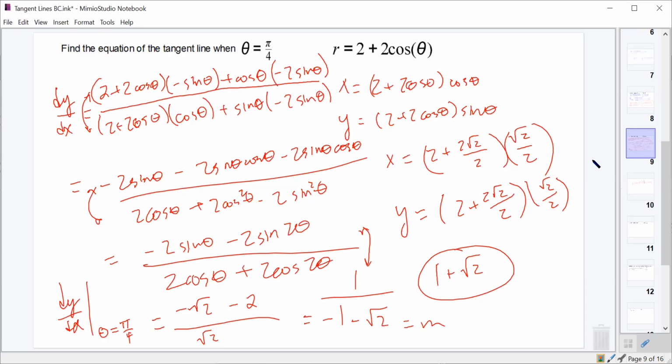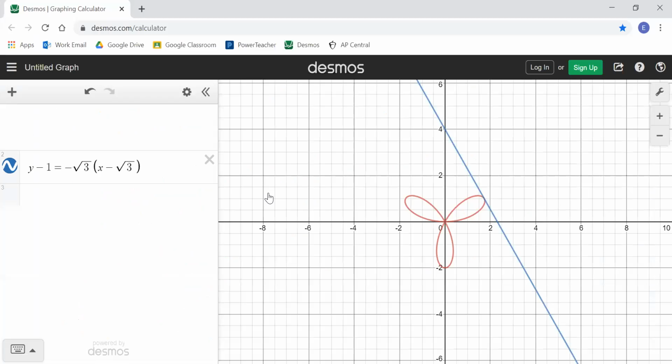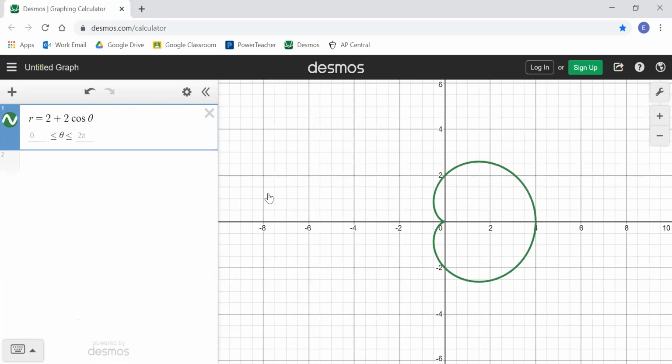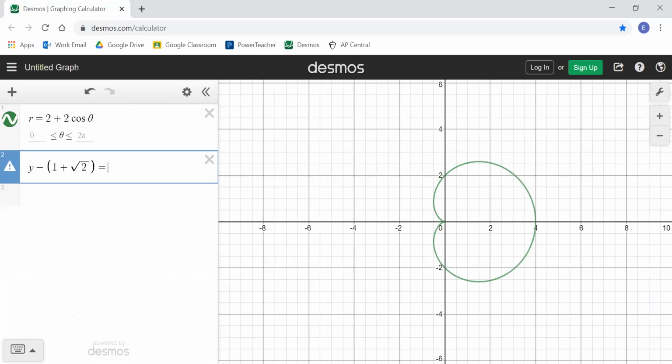And if we try to graph this, we got r equals 2 plus 2 cosine theta. And we had y minus 1 plus root 2 equals, all right, now I don't know what I had though. 1 over negative 1 minus root 2, right?